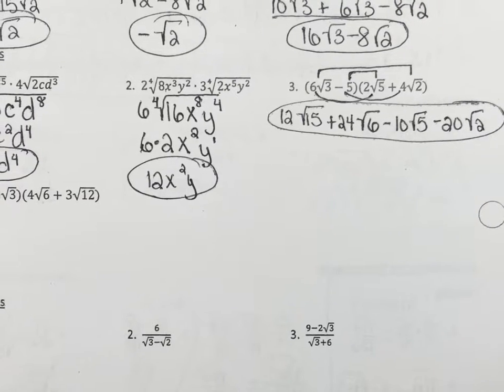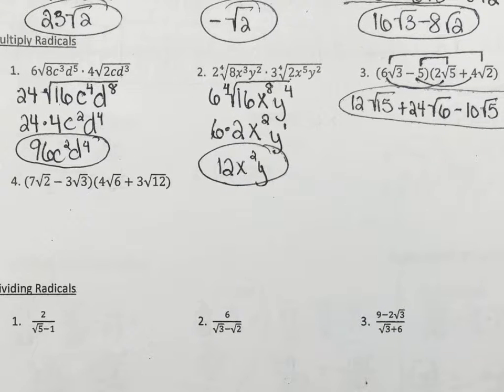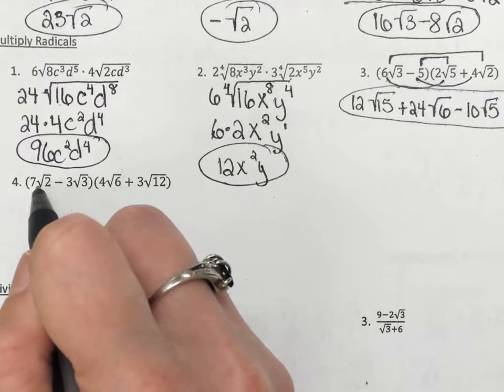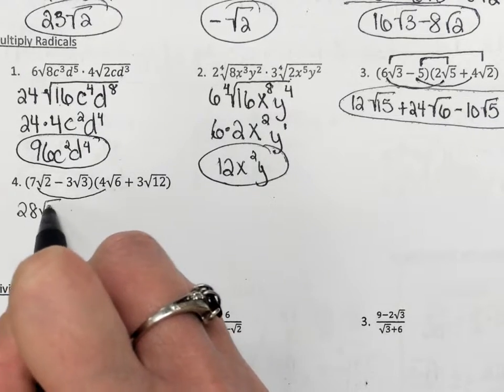Oh my goodness. How do I know that it is foiling in the first place? Because there are 4 terms. 4 terms. 4 monomials. Very good. Perfect. All right. So, first is 28 square root of 12.